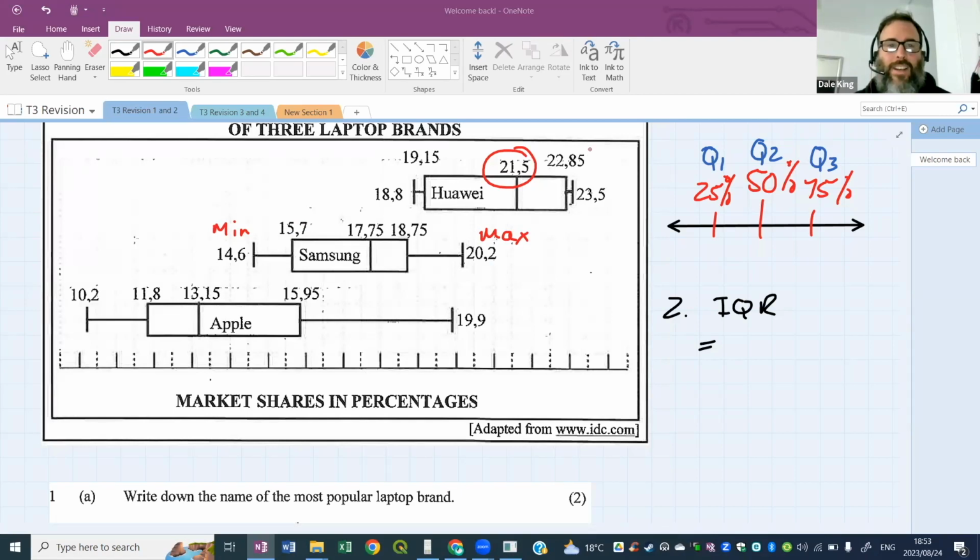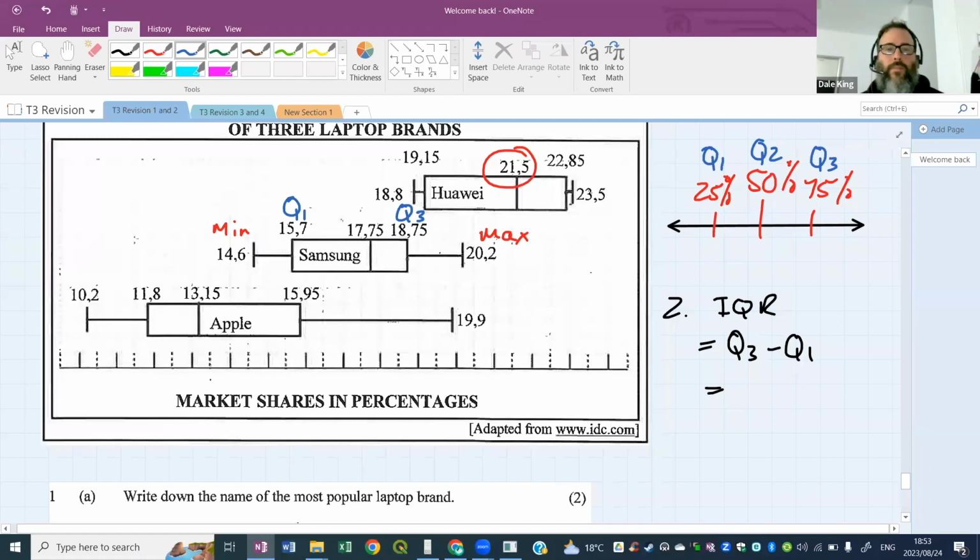So we have to find the interquartile range, the IQR, which is Q3 minus Q1. That's what Ben said earlier tonight, right? Where's Q3 minus Q1 on Samsung? There's Q3. Here's Q1. So it is 18,75 minus 15,7.